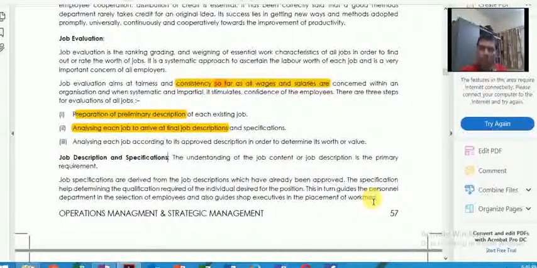many companies face the problem of employee attrition, employee turnover. People leave the organization. One of the major reasons for leaving the organization by many employees, who are either freshers or experienced people, is that they are not getting the salary or the monetary benefits which they should get. So why does this happen? This happens because of improper wage structure or improper evaluation of the job.